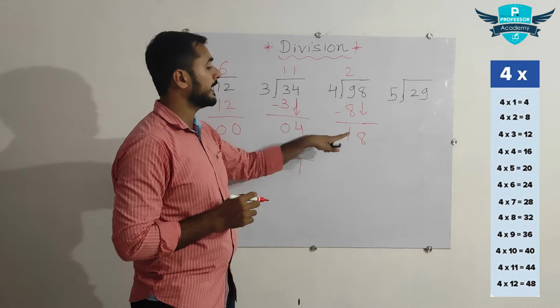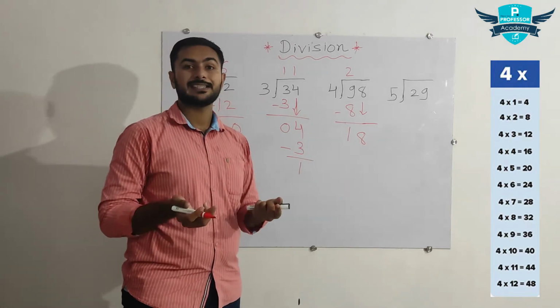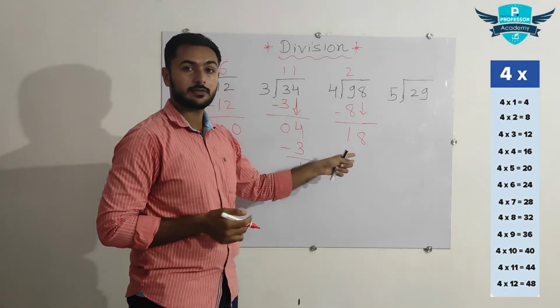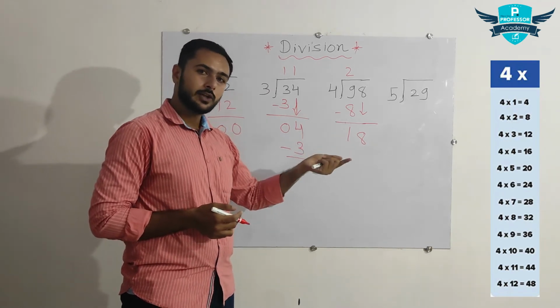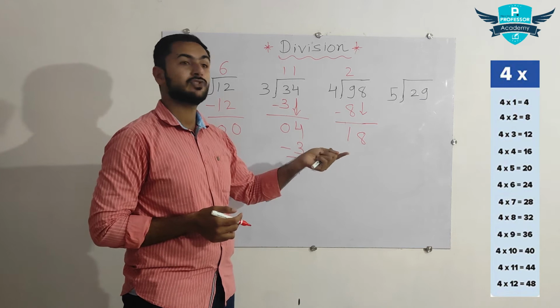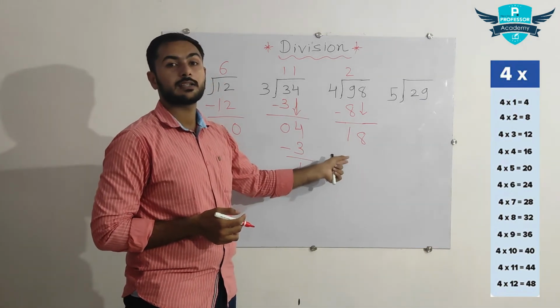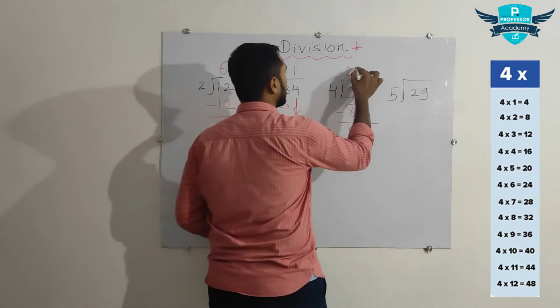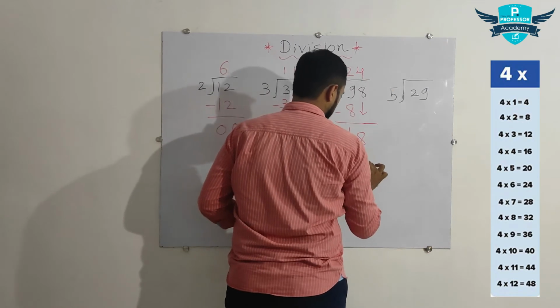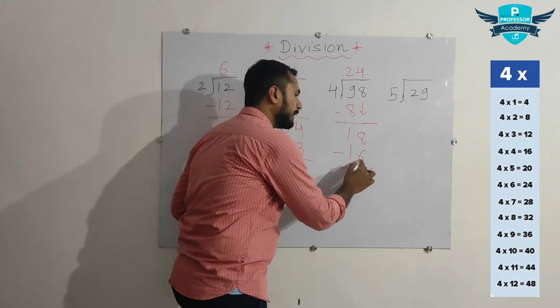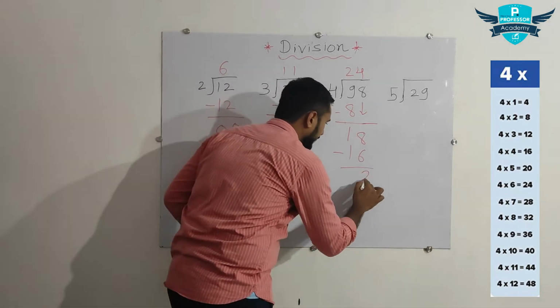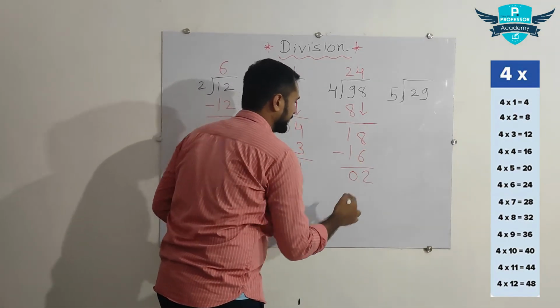But we cannot find 18 there. 4 fives are 20, which is bigger than 18, so it will not work. We have to take less than 20, which is 4 fours are 16, and that is smaller than 18, so it will work. Now do the subtraction. 8 minus 6 is 2 and 1 minus 1 is 0.